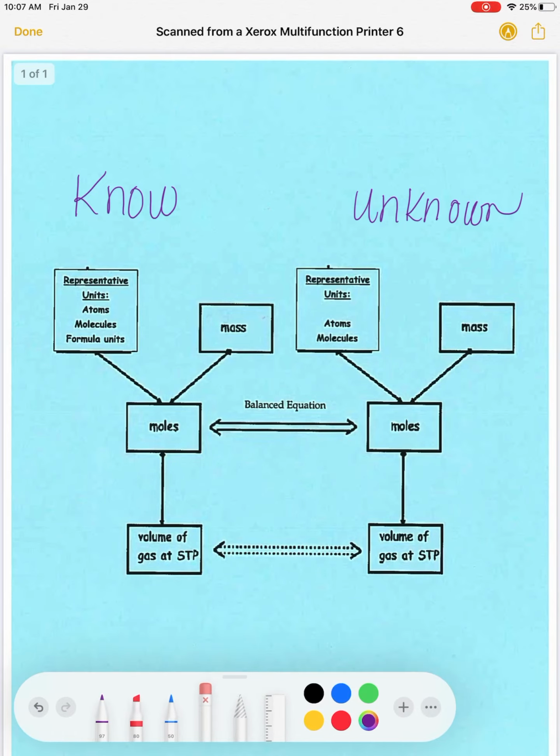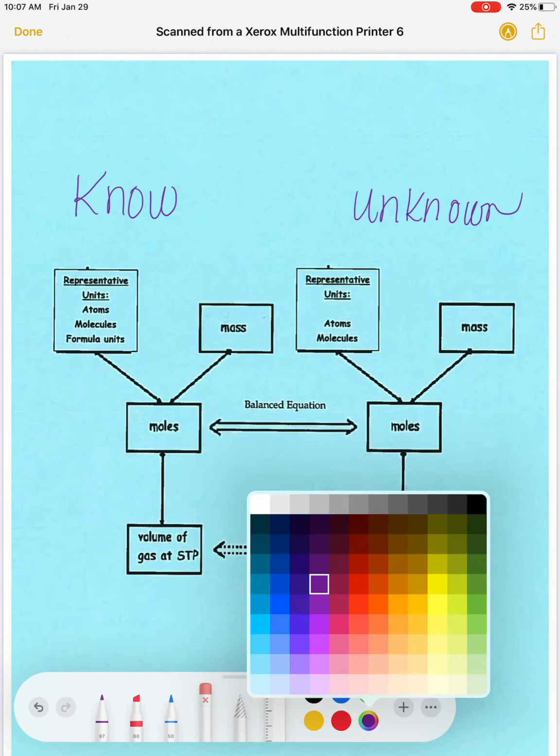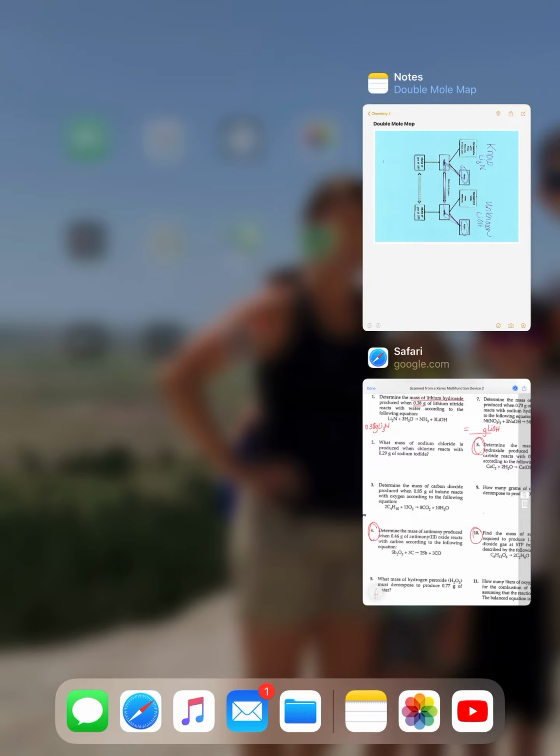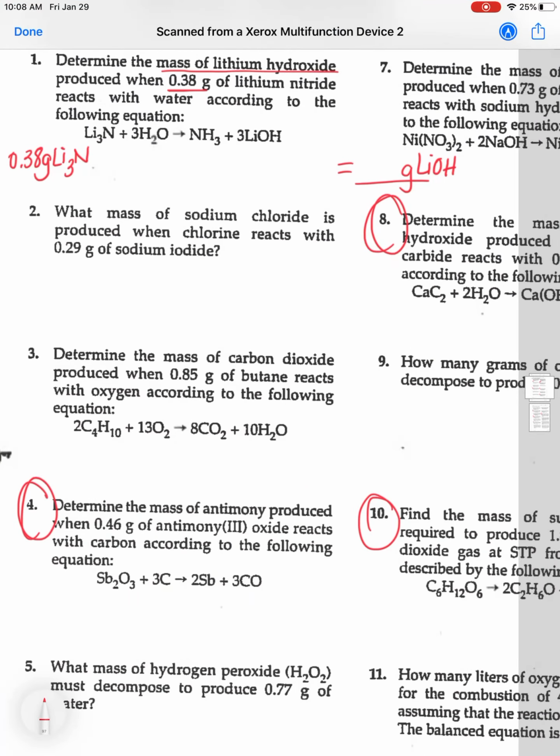I need to change it back to my pen. This time, we have lithium nitride. And then we're trying to find lithium hydroxide. We know grams of lithium nitride. We're trying to go to grams of lithium hydroxide. So that's going to be a 1, 2, 3 step problem. Any grams to grams conversion is going to be a 3-step problem.